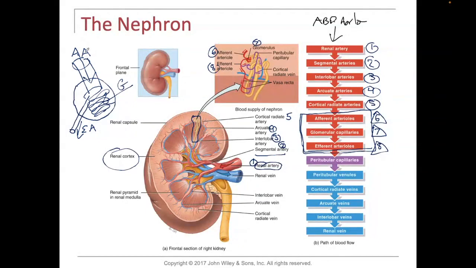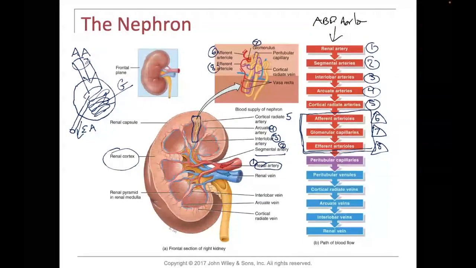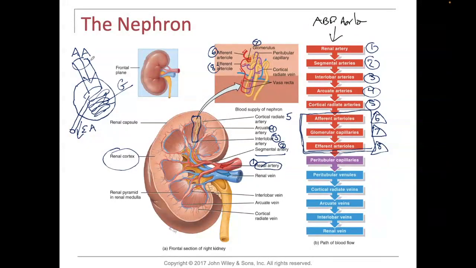The big difference is the diameter of the blood vessels. Notice the diameter of the afferent arteriole is much wider than the diameter of the efferent arteriole. And the innate intelligence of the body does this for a very important reason, because it's driving blood in faster into this glomerular region than it can leave. If it's coming in faster than it can leave, that means that blood is going to hang out here a little bit longer, right? It's coming in faster than it can exit.